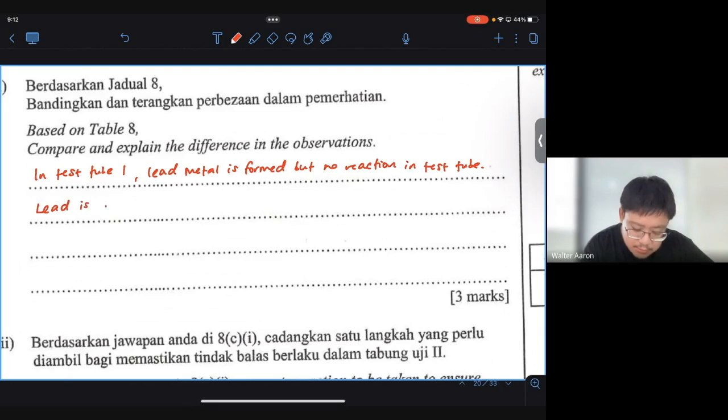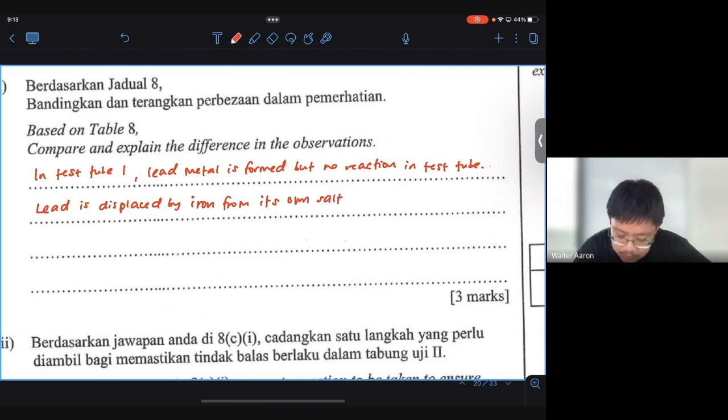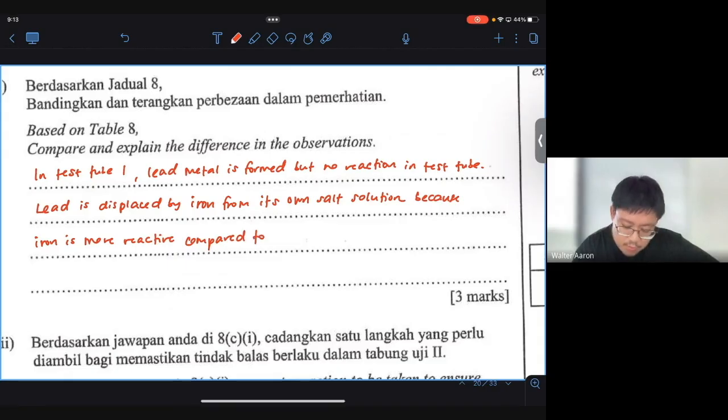So you say here lead is displaced by iron from its own salt solution, because iron is more reactive compared to lead.